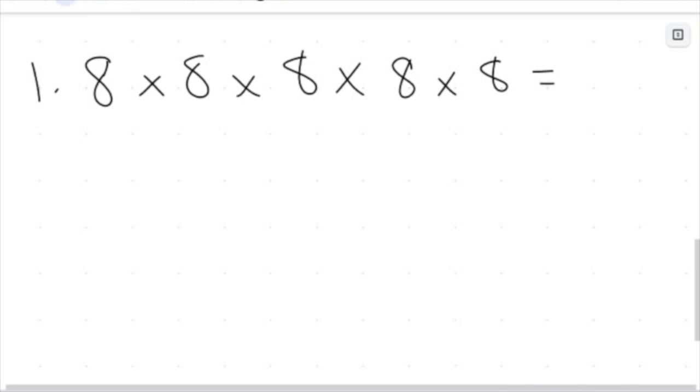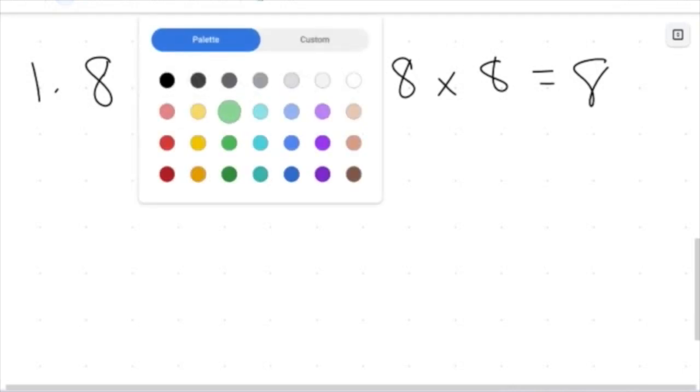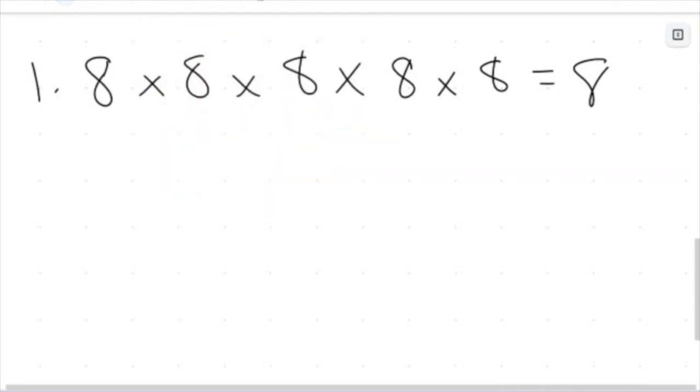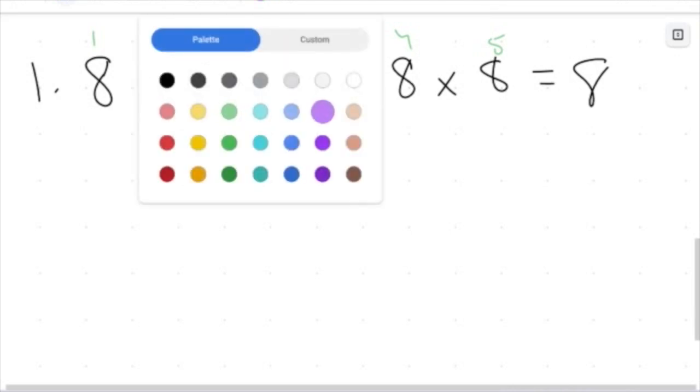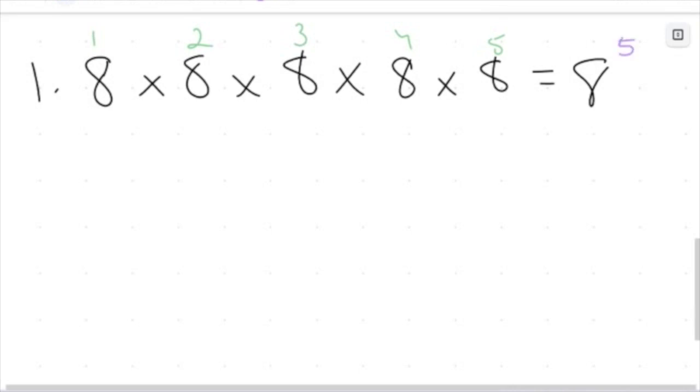And here, pretty obviously, we can see these are all 8s multiplying. So my 8 is going to be my base. And I want to count how many 8s I have here multiplying by one another. So I have 1, 2, 3, 4, 5. So the number 5 is going to be my power, my number I put up here.